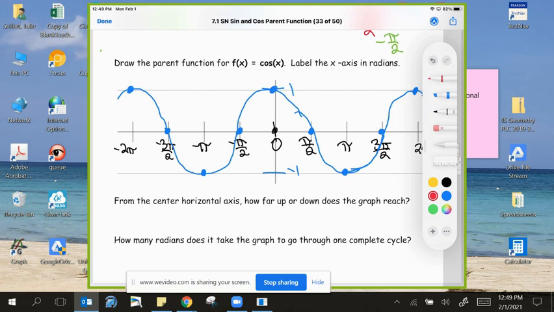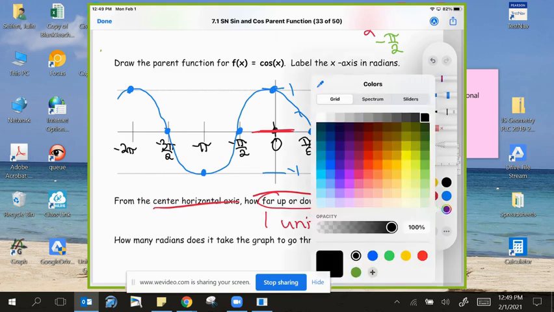So from the center horizontal axis, how far up or down does the graph go? Again, that is 1 unit. And how many radians does it take for a complete cycle?